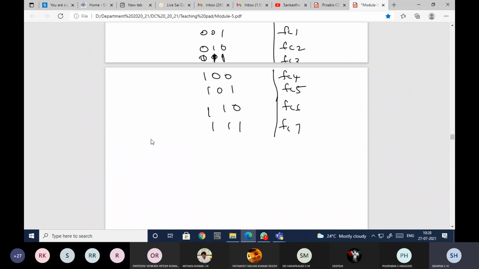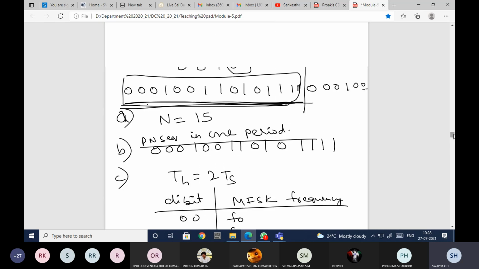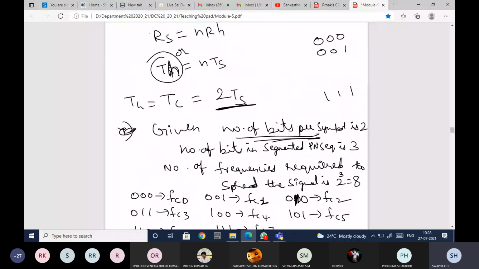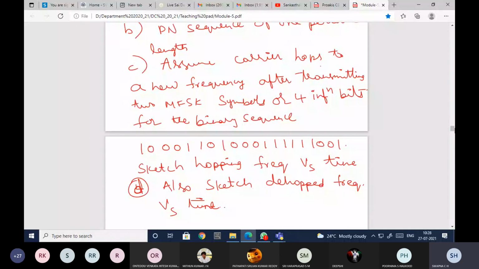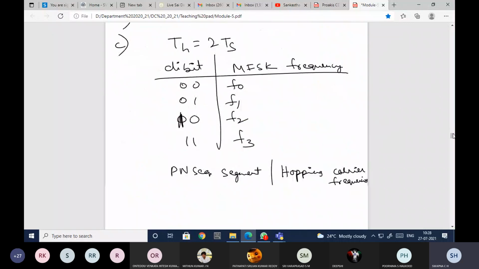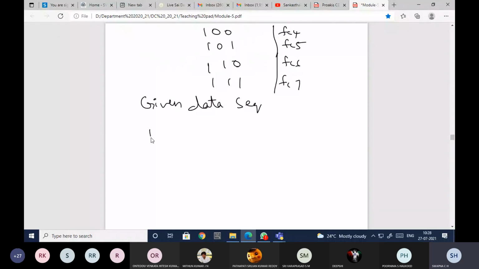Now we will also take the given data sequence. What is the given data sequence? It is 1 0 0 0 1 1 0 1 0 0 0 1 1 1 and so on. Let me write that sequence.